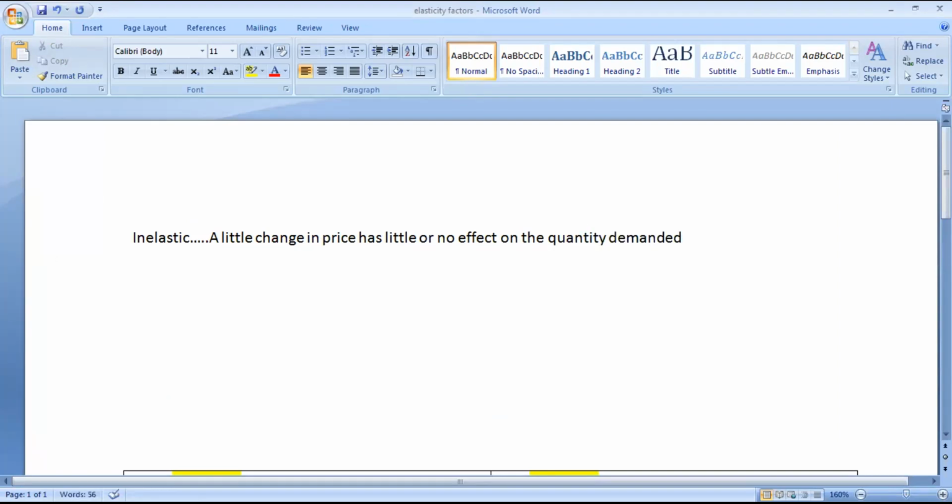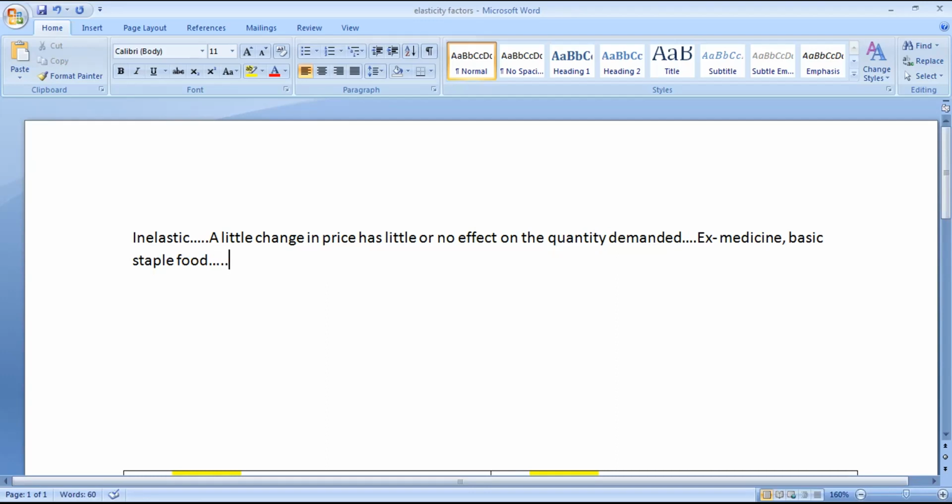We're only concerned about the quantity demanded here. So what could be an example for this sort of product? It could be medicine, and then basic staple food, like bread, rice. So these are the examples. Even if you change the price, people are still going to buy it, because they need to survive.